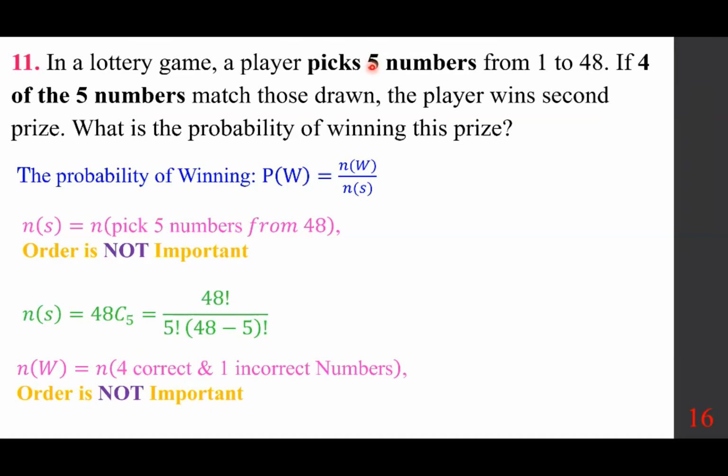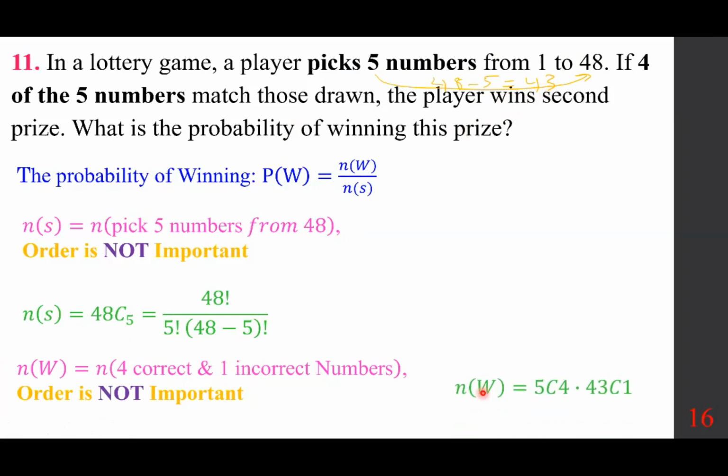Out of 5, we get 4 correct. That means combination of 5, choose 4. Now, the rest of them, 48 minus 5 is 43 numbers. From that, we're going to pick 1. So this is combination of 43, pick 1.